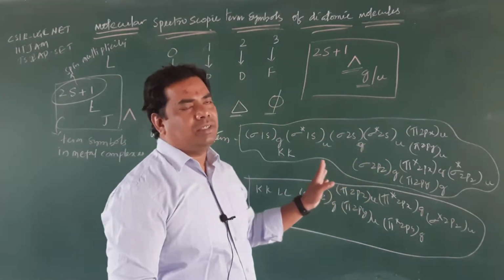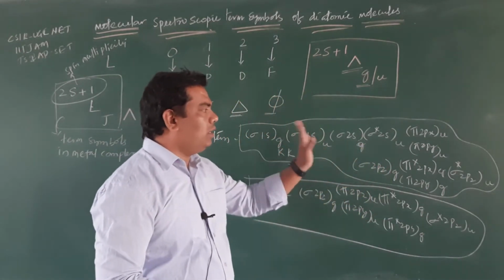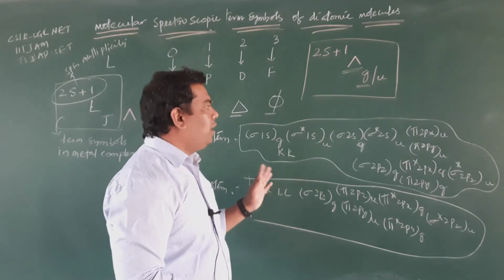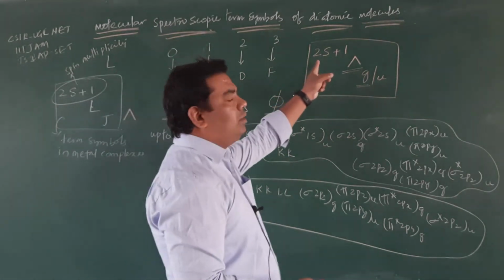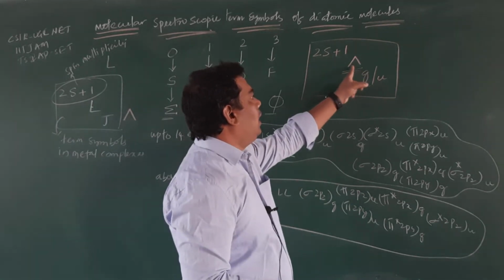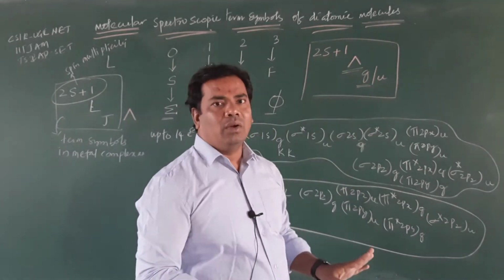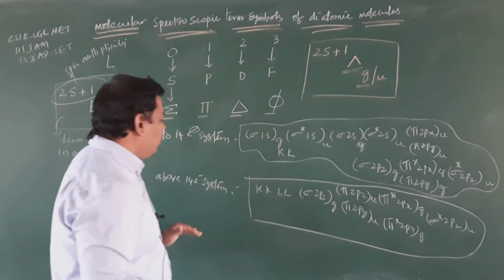All pi star and all sigma star are ungerade. This is very, very important. So this is the formula: 2S plus 1, lambda, gerade or ungerade. Clear.